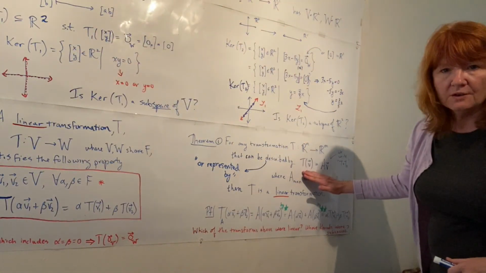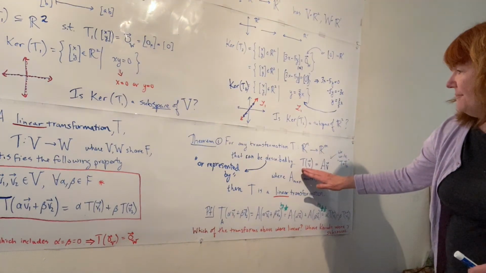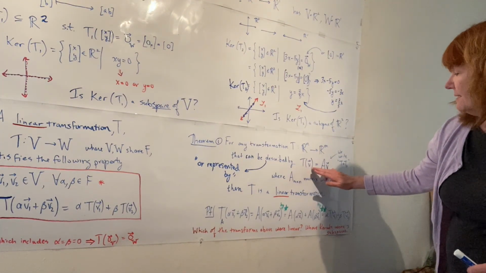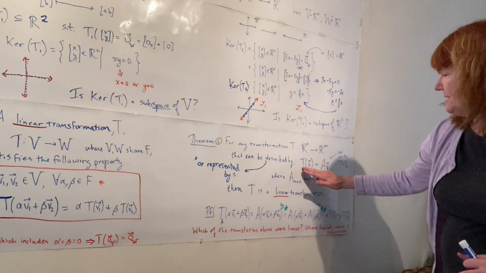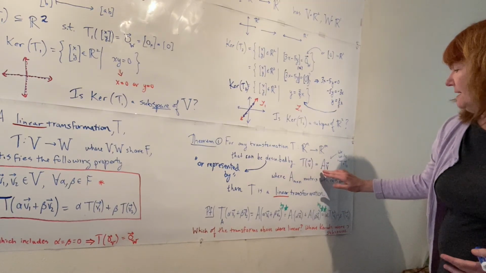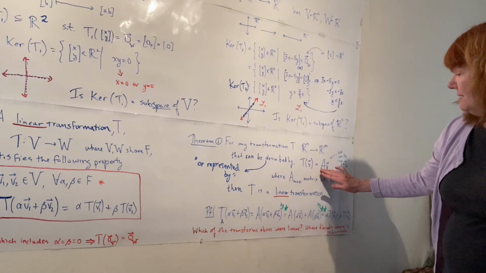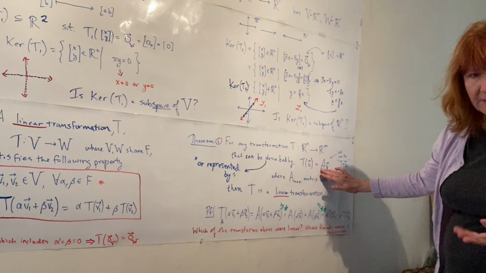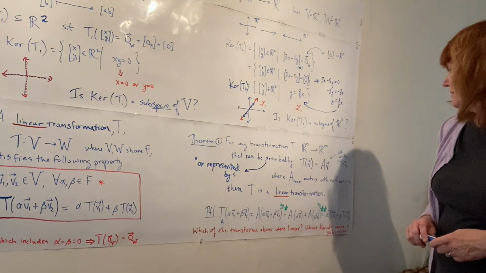So it turns out that there are many transformations that are described this way. What is the transformation going to do to the vector? It's going to multiply it by a matrix on the left. Appropriate dimensions, of course.